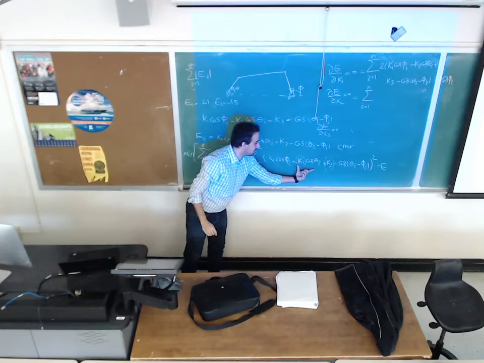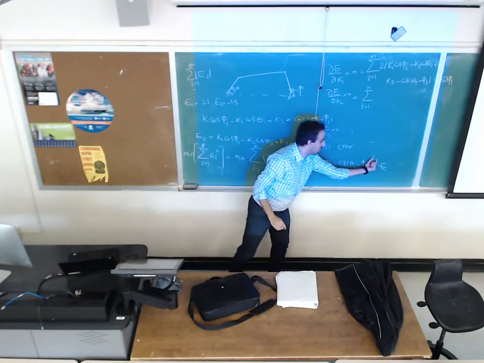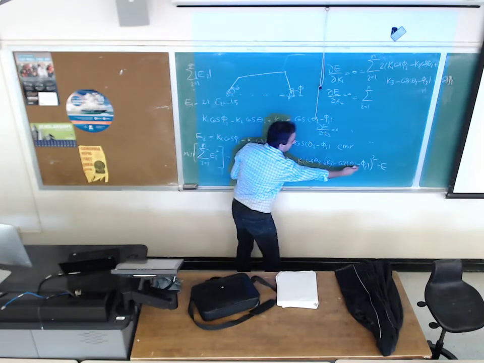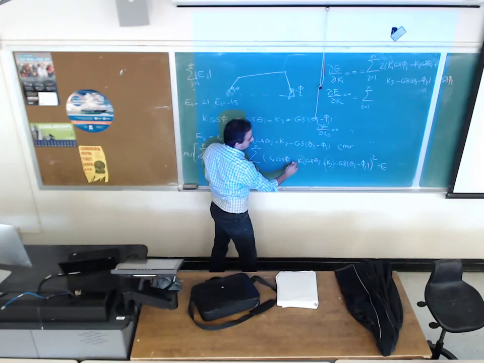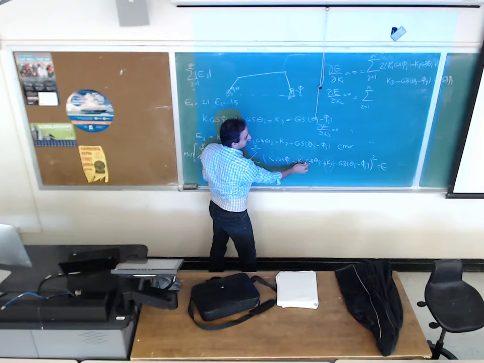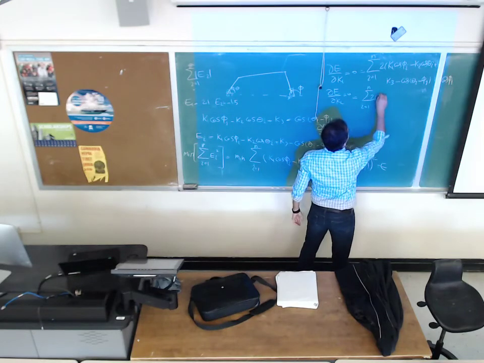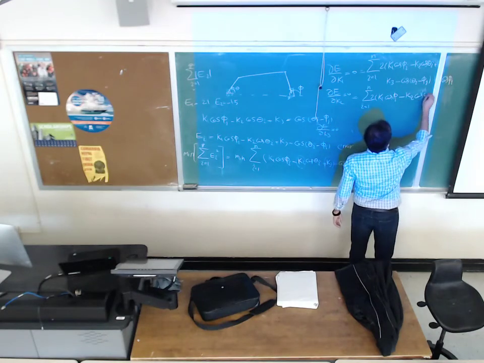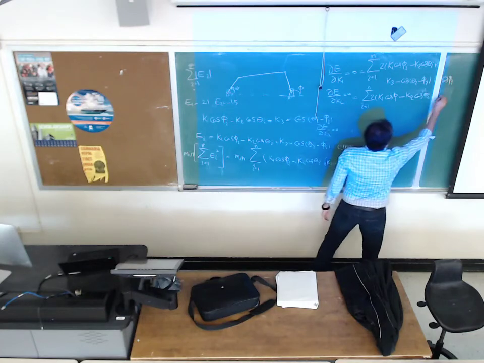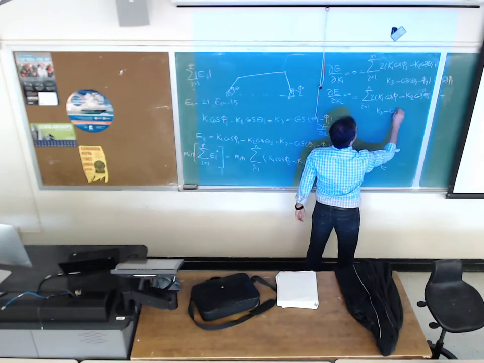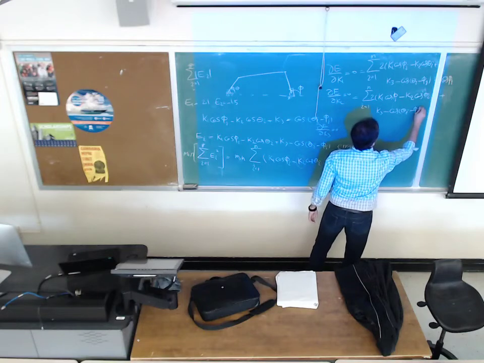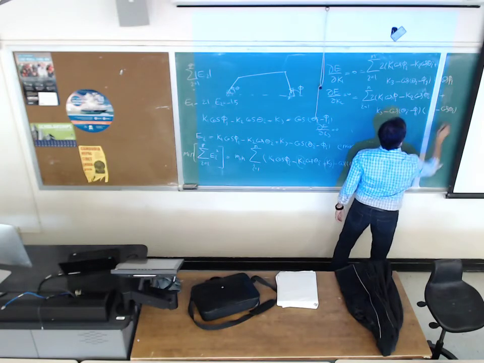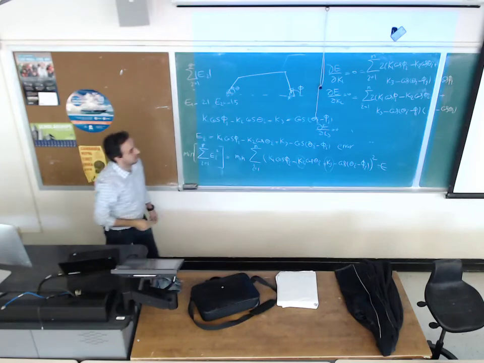The only term which has K2 is this one, but we have the square here. The derivative with respect to K2 is going to be 2 times the entire parentheses multiplied by the derivative of this term, which is negative cosine of theta I. So it's going to be 2 K1 cosine of phi minus K2 cosine of theta I plus K3 minus cosine of theta I minus phi, times negative cosine of theta I, and it equals 0.